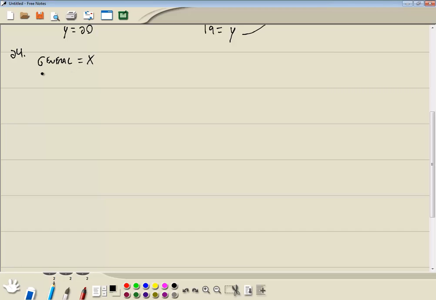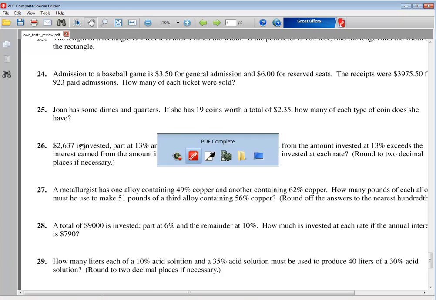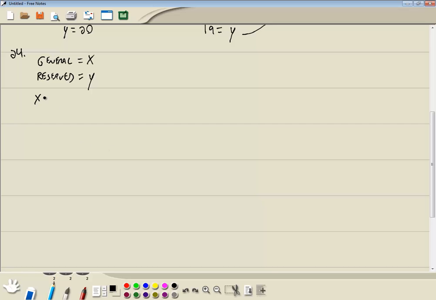So general, say, is x, and reserved is going to equal y. And they told us there was 923. Let me make sure there's nothing else to the right. Oh, no, there isn't. So 923, which means they're telling us that x plus y is equal to 923. Because this is the count of how many there are. So that's our first equation.